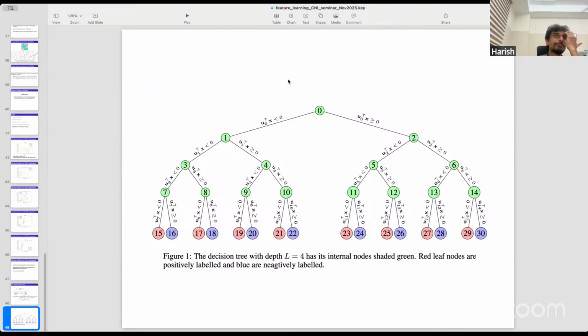You can easily build impossibility results because, from a random initialization, if you pick some w, it's extremely likely that that w will be orthogonal to all the ui's, so orthogonal to u0, u1, u2, all the way to u14. If that happens, the w gets no signal and it will not move at all.